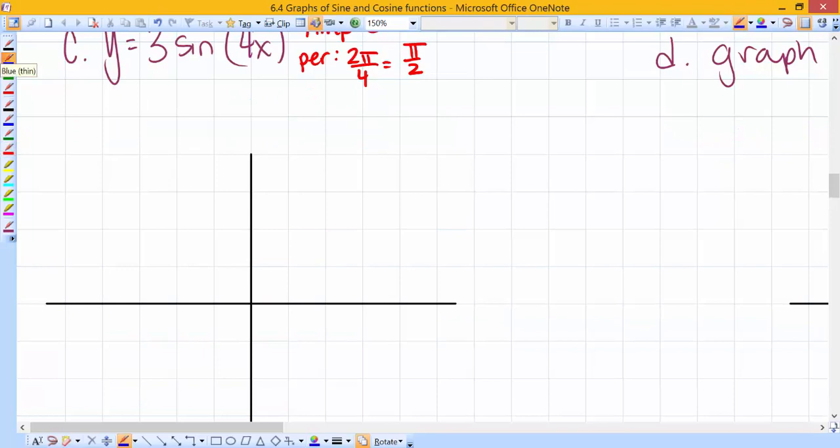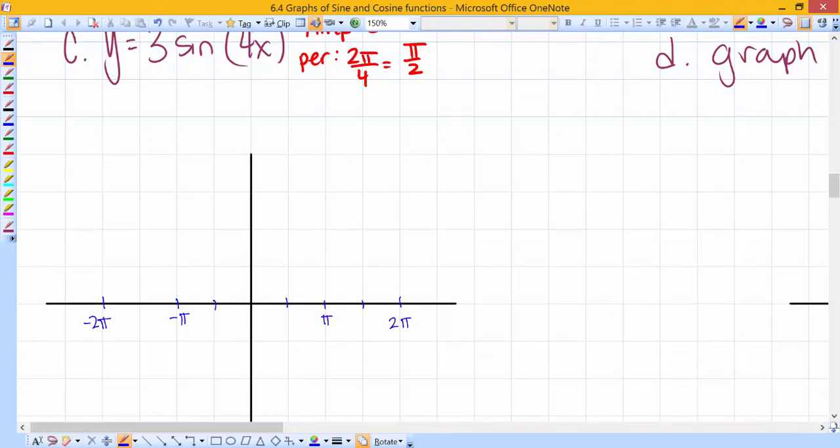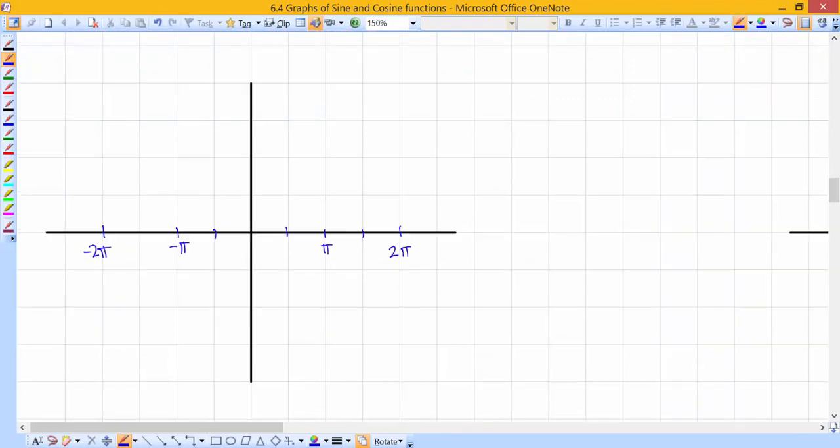So let me fill this in. 1, 2, 3, 4, 2 pi, pi, negative pi, negative 2 pi. Well, pi over 2 is my period. So pi over 2 happens in the middle of pi.